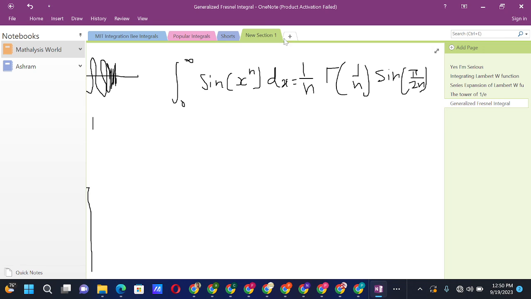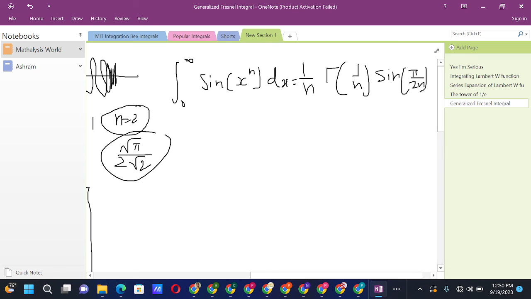In our Fresnel integral video, linked over here in the card, we proved that for n equals 2 the integral was root pi by 2 root 2. So we will try to prove it from here too.